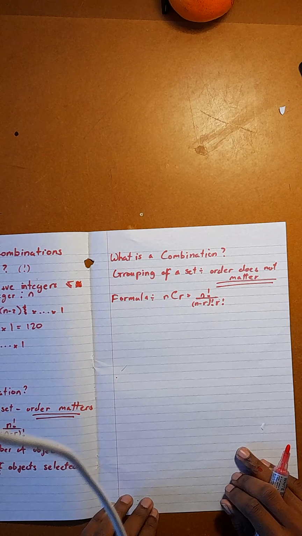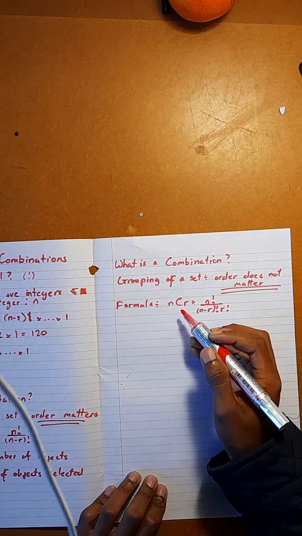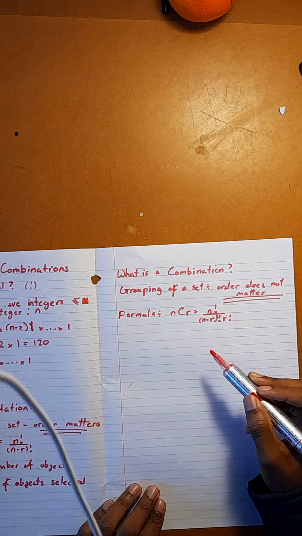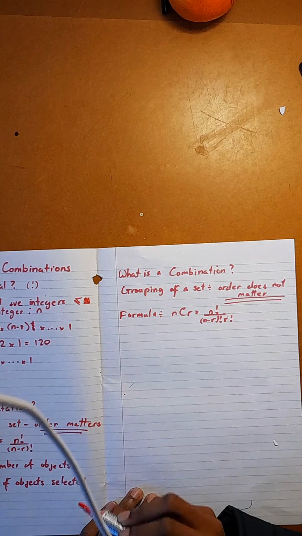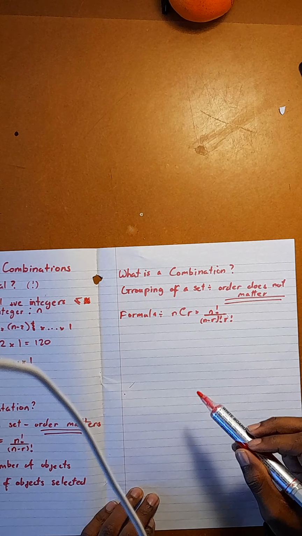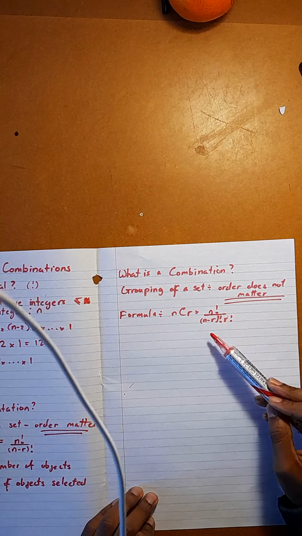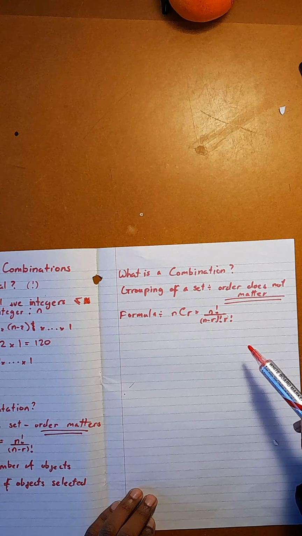The formula of a combination is going to be nCr, or n choose r, C being for combine. Again, we know our n is the total number of objects. Our r is the number of objects selected, giving us n factorial over (n minus r) factorial times r factorial.